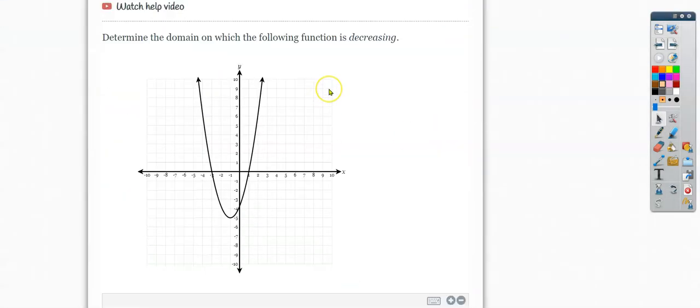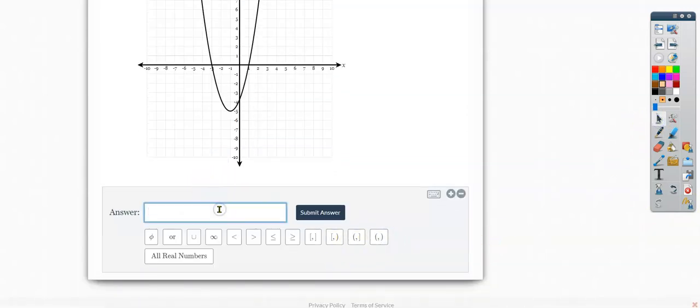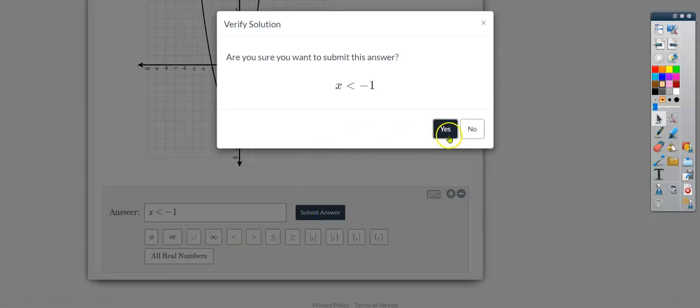For which interval is the domain decreasing? When I'm reading with my eyeballs this time, from left to right, I'm going downhill until that turning point, which is -1. So anytime x is less than -1, it's decreasing.